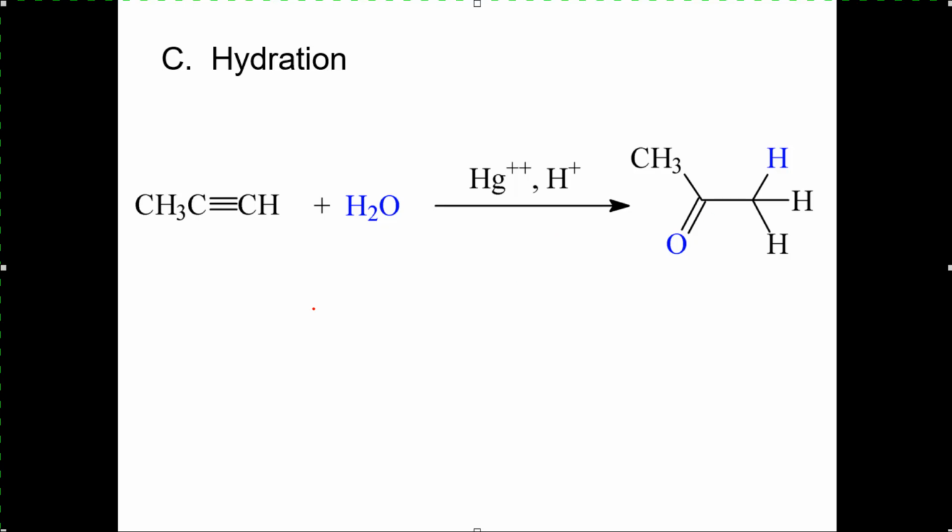So in this mechanism, the H plus is going to be bonded by the terminal carbon with the most hydrogens, taking its pair of electrons to bond the hydrogen. So now I'm going to end up with my vinyl carbocation. Now I've added two hydrogens. What happens next? The entire water molecule comes in and adds to the carbocation.